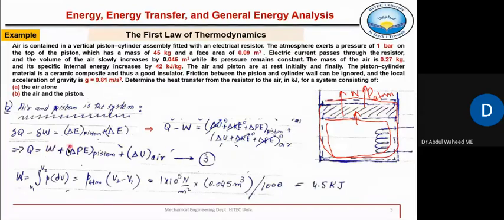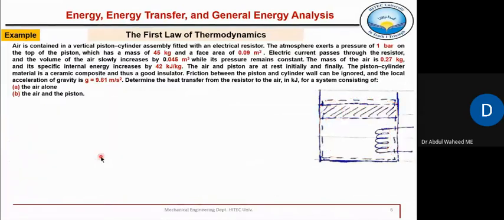Now we shall calculate the change in potential energy of the piston. So what will be the change in potential energy of the piston? That is equal to mgh, or mg times change in height, where m of piston is given as 45 kilograms. g is known.